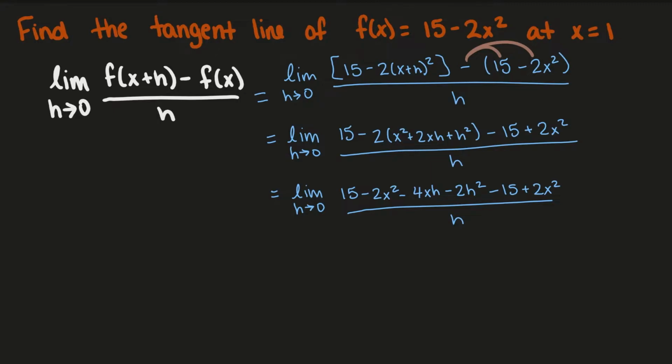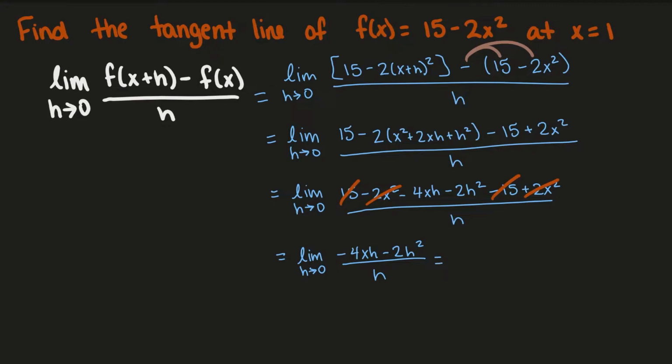Now we do have some like terms in our numerator, so 15 and negative 15 are like terms and they will cancel out. Negative 2x squared and positive 2x squared are like terms, and they'll cancel each other out. So we're left with the limit as h goes to 0 of negative 4xh minus 2h squared all over h. Now we want to simplify this further. We can factor out an h in our numerator.